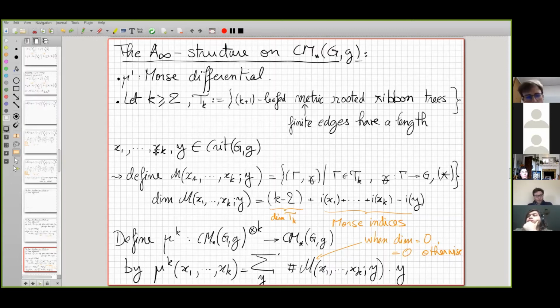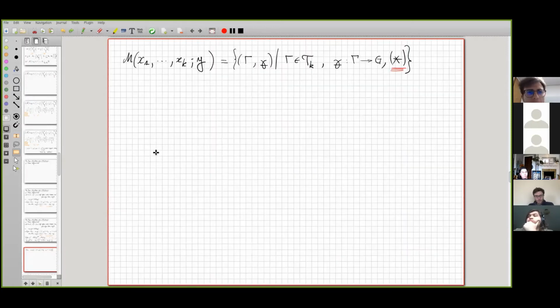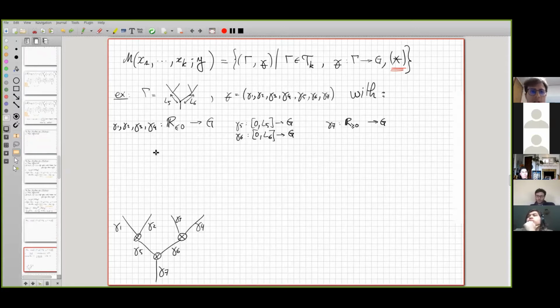So now let me tell you how this moduli space is defined. It consists of pairs of a tree in this moduli space of trees, and a map gamma bar that goes from the tree to G, and I'm going to tell you what this means and what conditions it has to satisfy. So for example, the tree gamma could have this shape, with two finite edges of finite lengths L5 and L6.